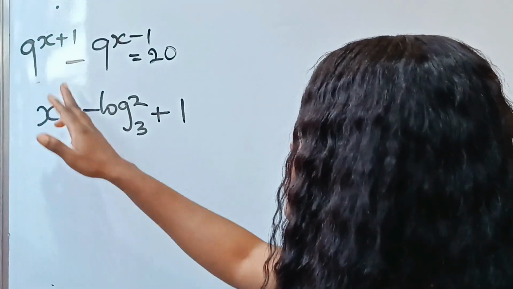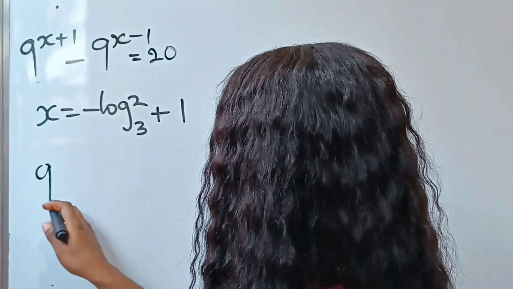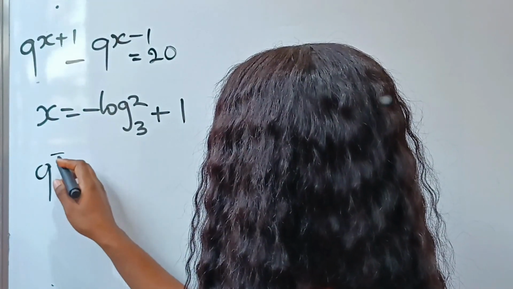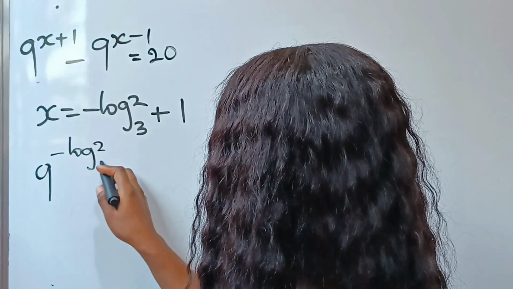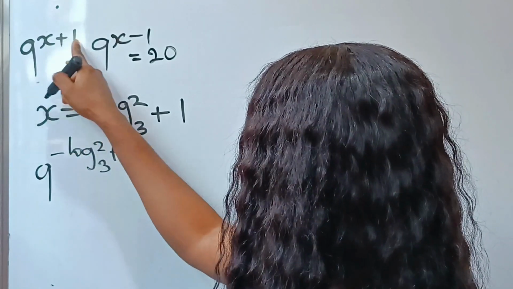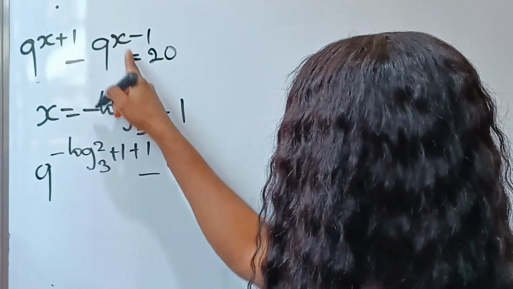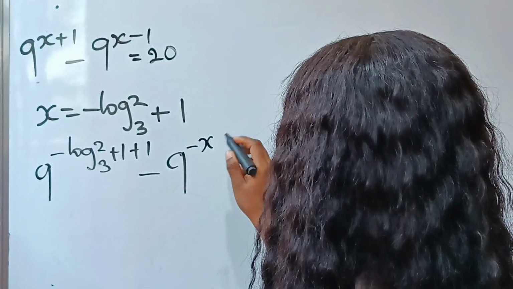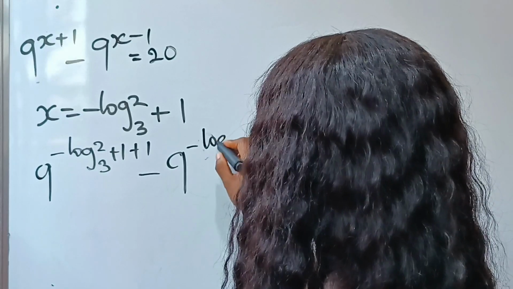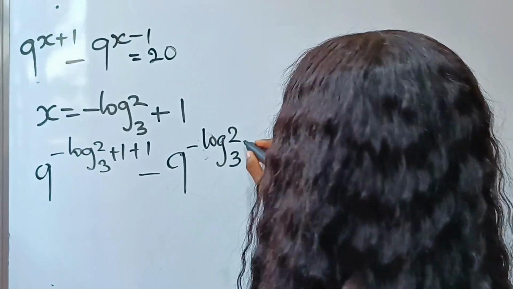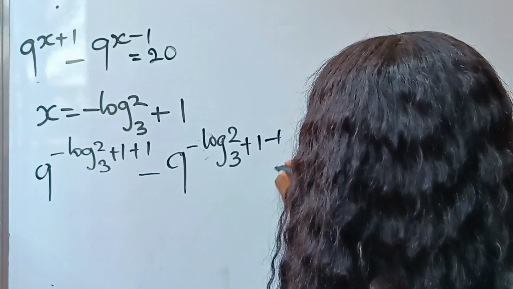Now let's prove that it is right. So we have 9 to the power of our x, which is minus log 2 base 3 plus 1, plus this one, minus 9 to the power of the same value of x, which is minus log 2 base 3 plus 1 minus 1, okay?